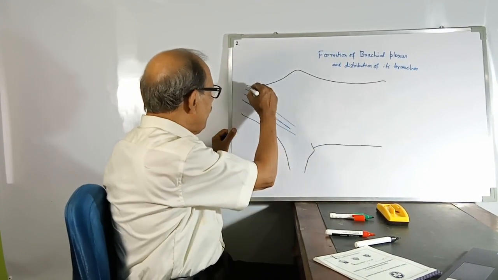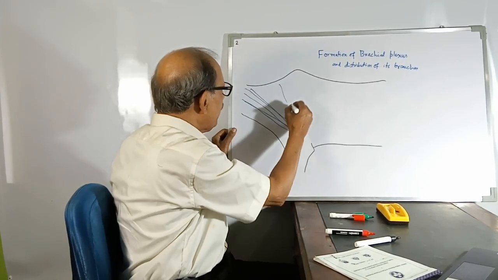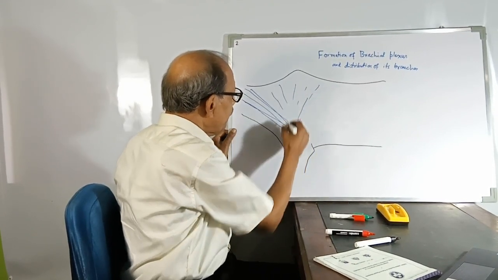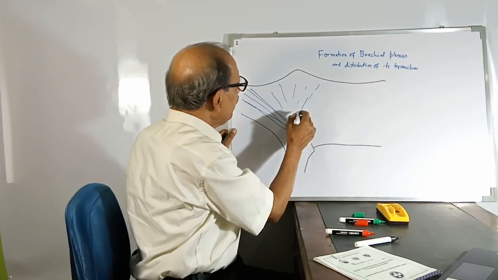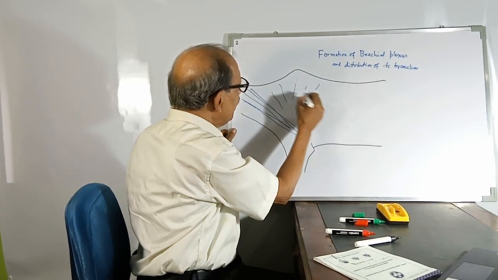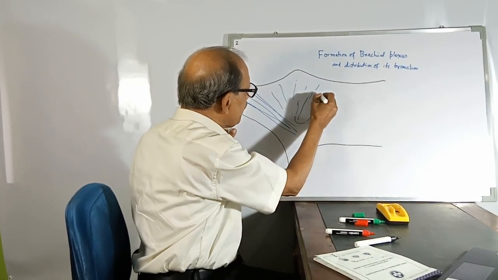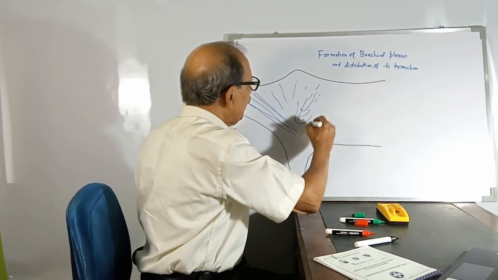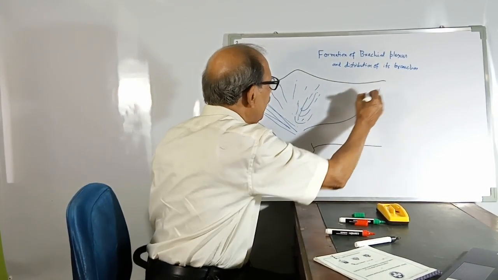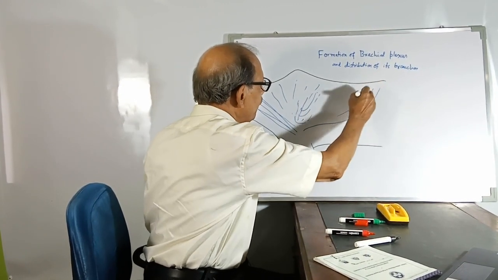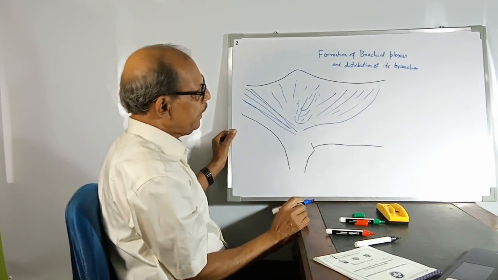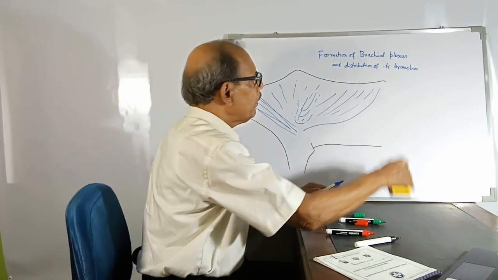brachiocephalic muscles. Here we will get trapezius muscles. Then we will get the deltoid muscles over here, and at the lateral aspect of the thorax we will get this latissimus dorsi muscles.